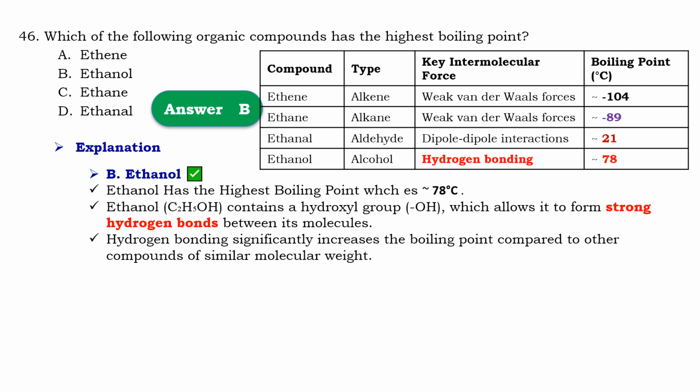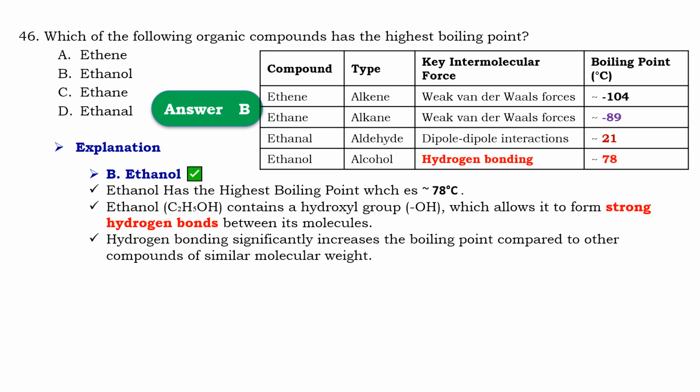And also when we look at ethane, its type is alkane. It also has an intermolecular force, weak van der Waals, and its boiling point is negative 89. And also when we look at ethanal, it is an aldehyde, so it has an intermolecular force called dipole-dipole interaction, with a boiling point of 21 degrees Celsius.